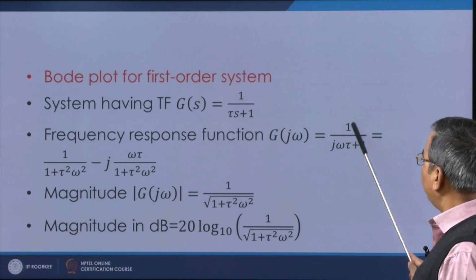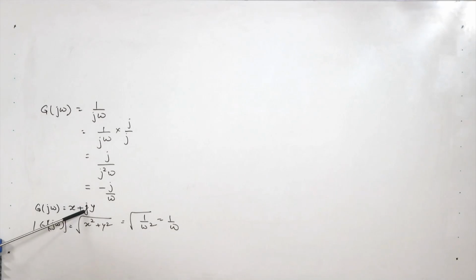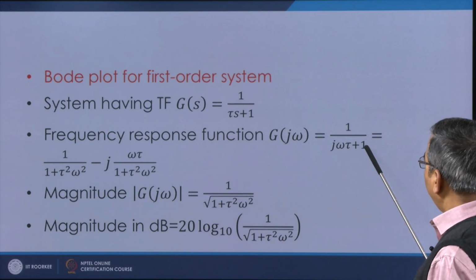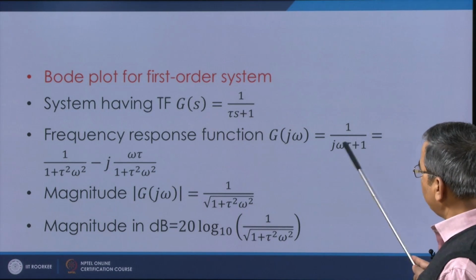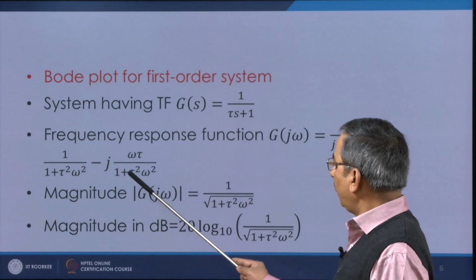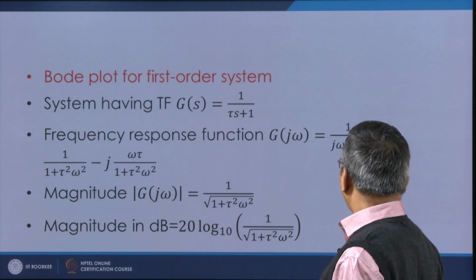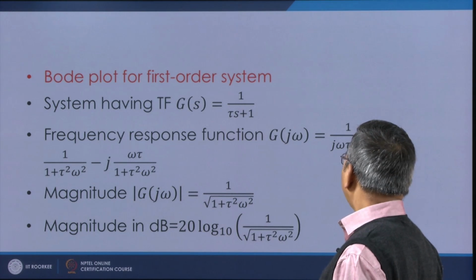Now, I can represent it in the conventional complex number representation of x plus j y. I multiply the numerator and denominator by 1 minus j omega tau. So, this is what I get: 1 minus j omega tau in the numerator, and in the denominator 1 plus omega square tau square.